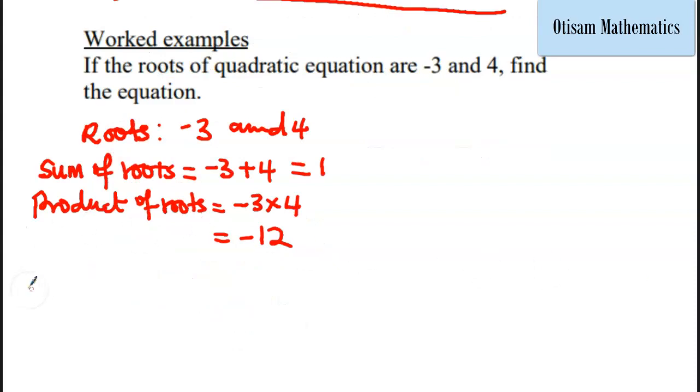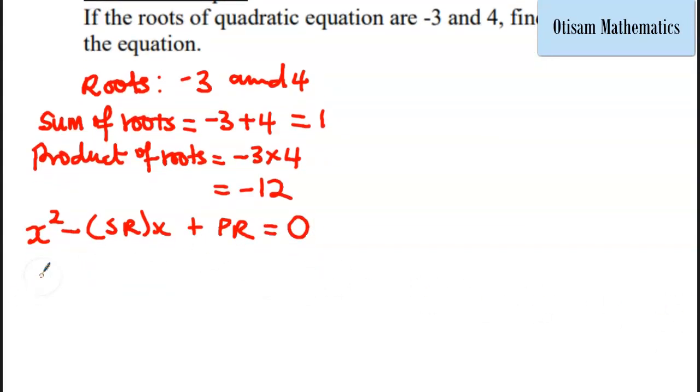Then we substitute them in the equation. So x squared minus sum of roots times x plus product of roots is equal to 0. You just have to substitute them.